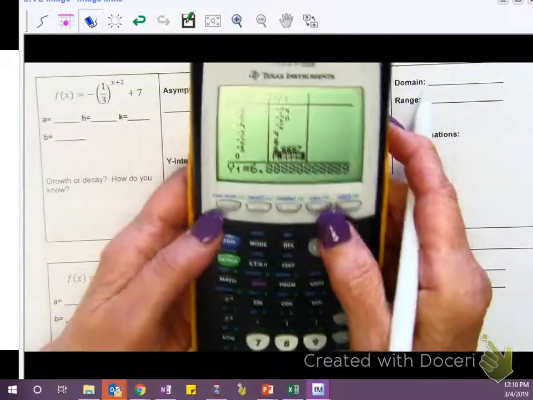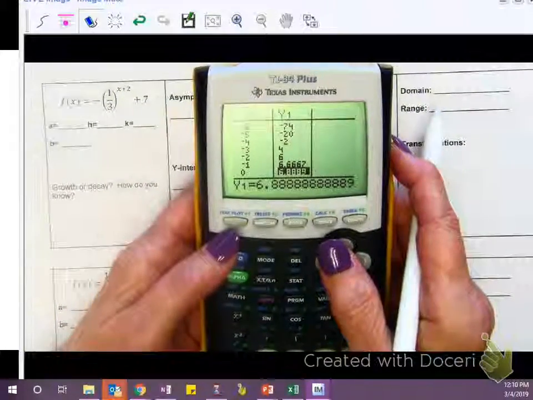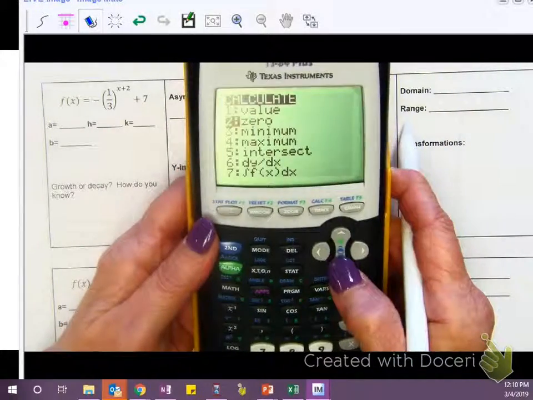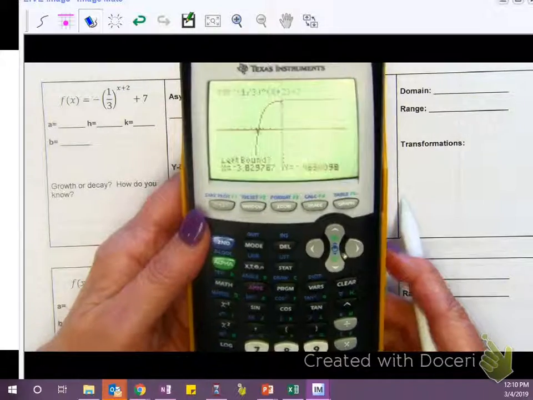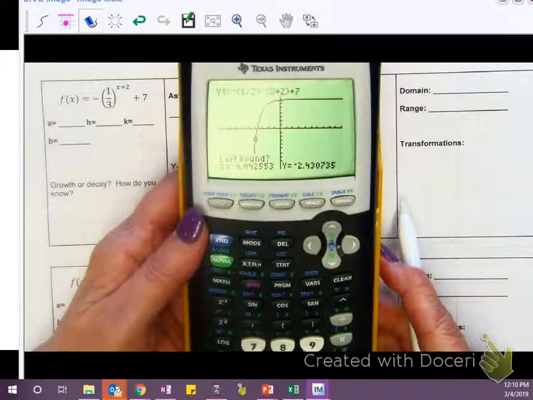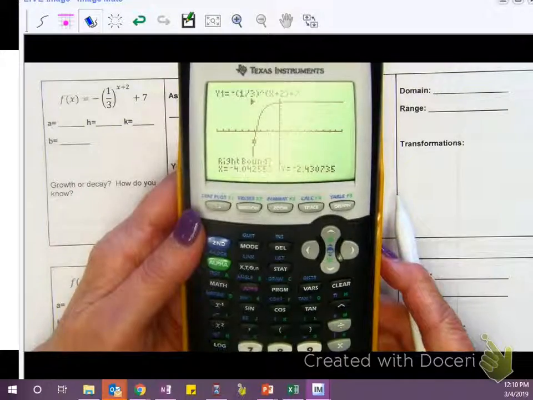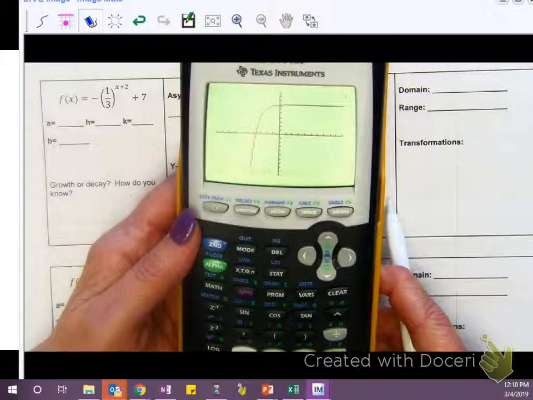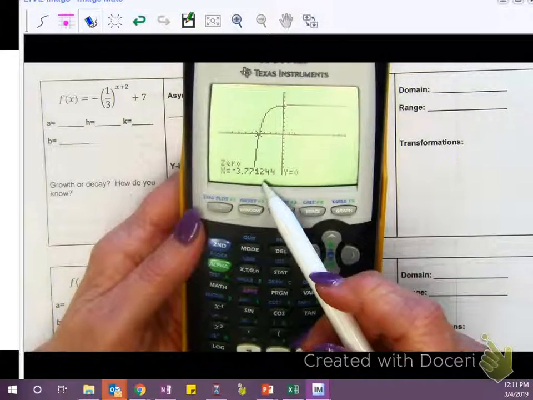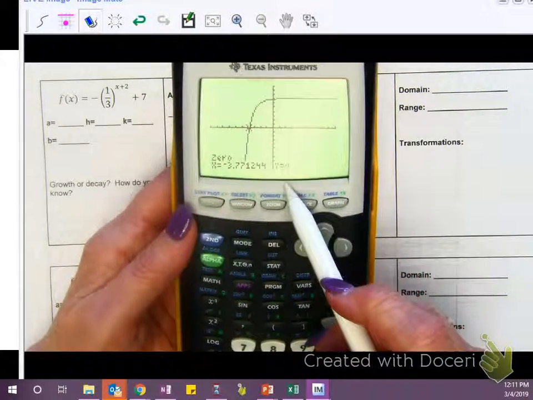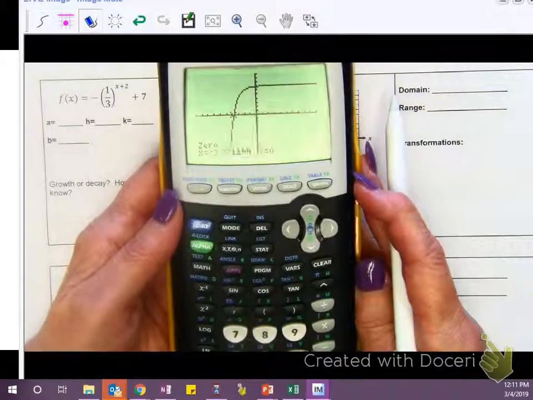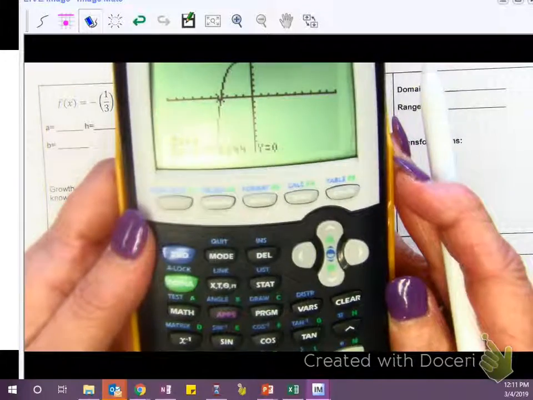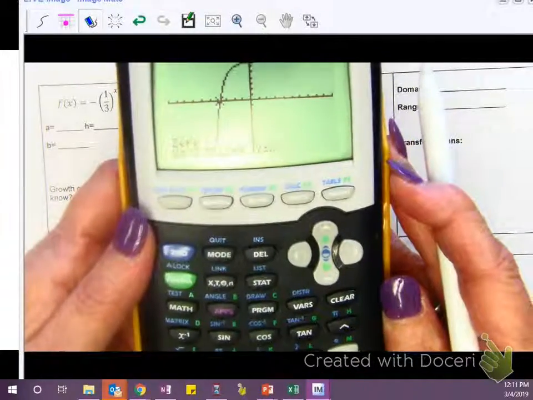For my x-intercept, I need to do second trace, find the zero, go left bound, press enter, right bound, press enter twice. And my x-intercept is when y is 0. If you can see it, it is negative 3.771244.